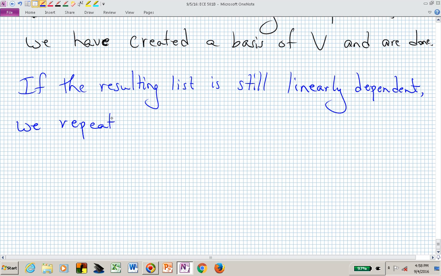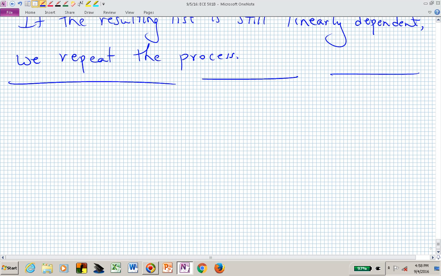We find an element that's dependent on the others and we remove it. And then we check, are the remaining vectors linearly independent? Yes, we're done. No, we look for another vector that's linearly dependent and we throw it out. So we just continue to repeat this process of reduction to allow us to create a set of basis vectors.